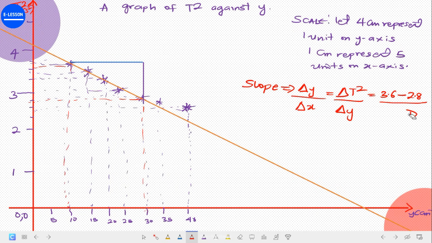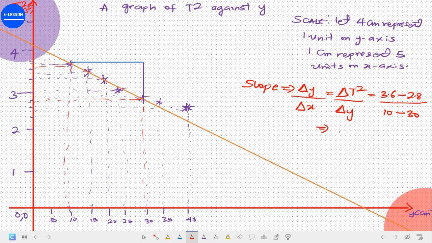It's not supposed to be 30 minus 10, but when it was 3.6, what was the x axis? The x axis was 10. So you take this one as 10 minus, when it was 2.8, what was on our x-axis? It is 30. So this is supposed to give you a negative slope. Whenever you see a graph coming from this way to this direction, it's usually negative.